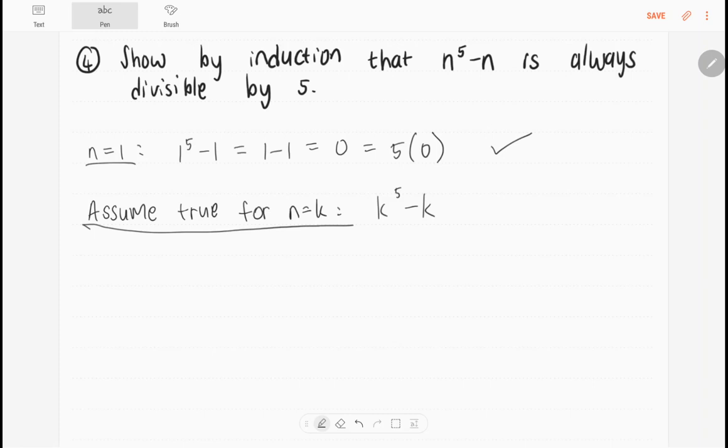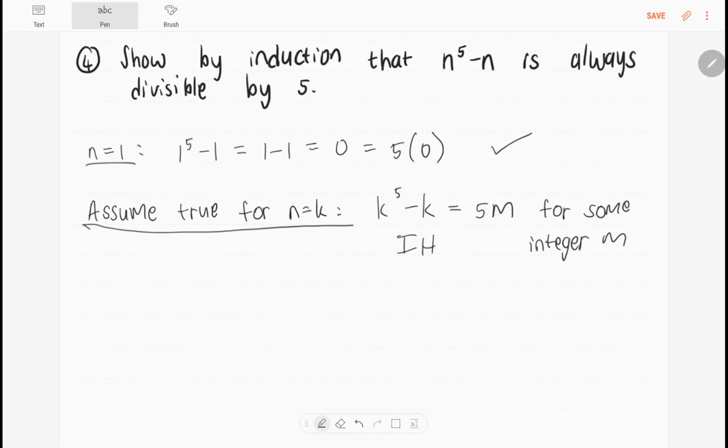That means that it has to be possible to write it as a multiple of 5. So we have to take 5 and multiply it by some integer, and then we get k to the 5 minus k. So it has to be possible to write it as 5 times m for some integer m. And this is my induction hypothesis again.